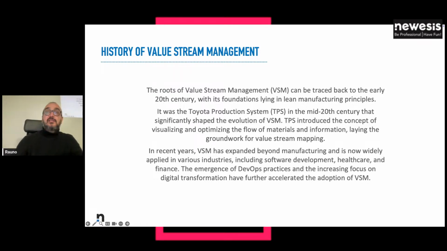And in recent years, it expanded beyond manufacturing into other industries, including the software development industry and digital industries, also with the emergence of DevOps practices that have created more interest in VSM.